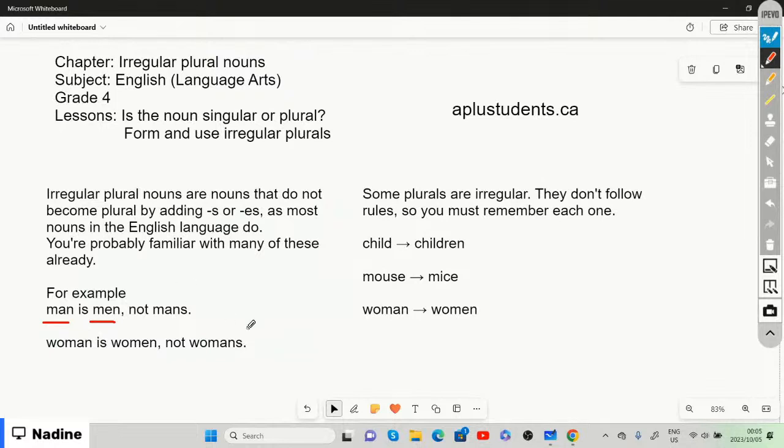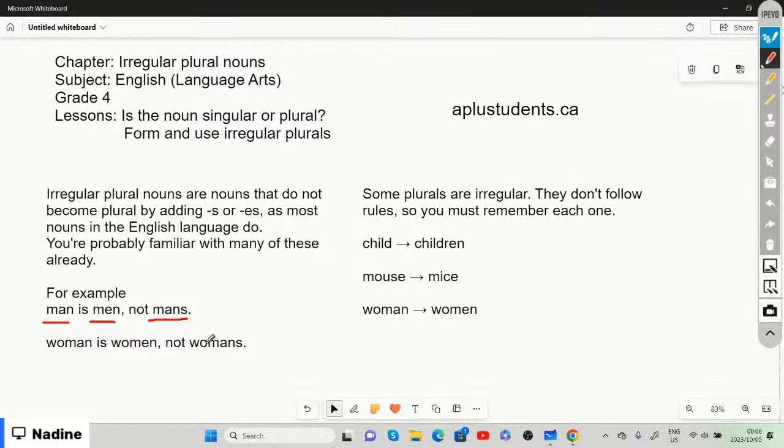We don't say mans. Mans is incorrect. We don't add an S or an ES to show the plural, so the wording changes. One man, two or more men, not mans.